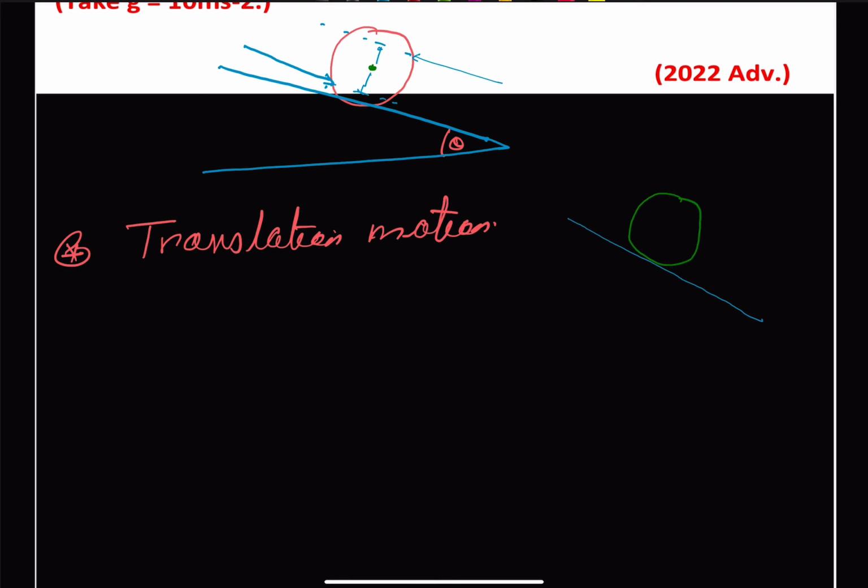There will be a force mg acting vertically downward, and this mg we can divide into two components. This angle is theta, so we have mg cos theta, and the other one is mg sin theta.